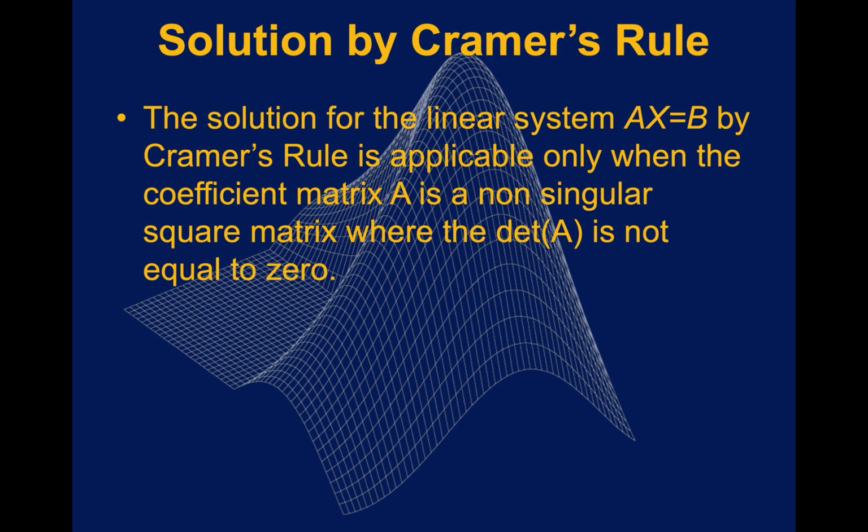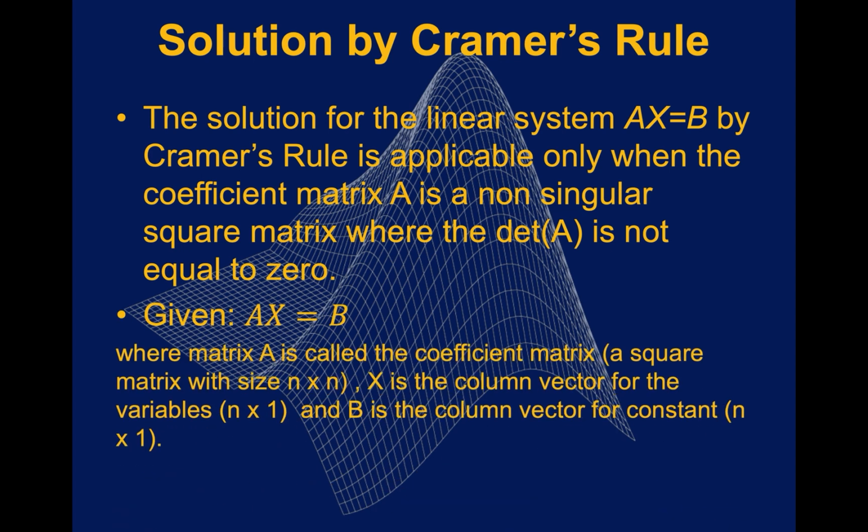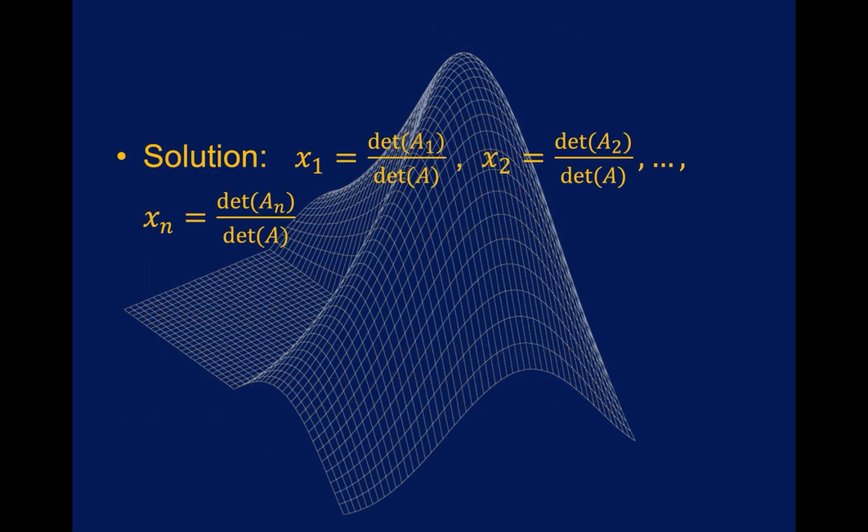The solution for the linear system AX equals B by Cramer's rule is applicable only when the coefficient matrix is a non-singular square matrix where the determinant of A is not equal to 0. So given AX equals B, A is a coefficient matrix, X is the column vector, and B is the column of constants.